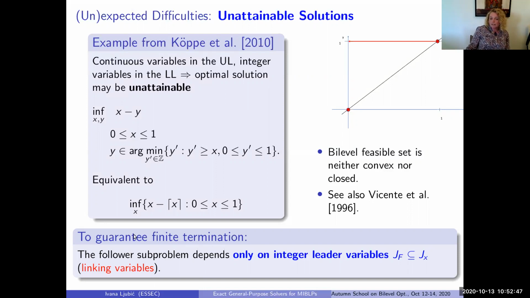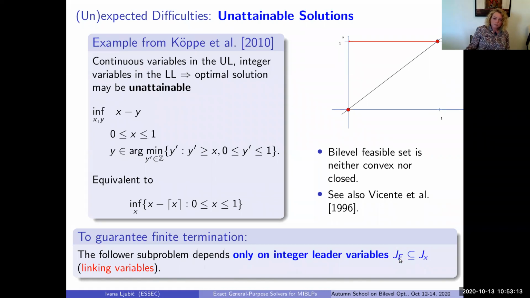So to guarantee the finite termination, a lot of algorithms, and in particular in my presentation, I will also assume that only the integer variables, only the discrete variables from the leaders are the ones that define the value function. And I will denote them as JF, being a subset of the discrete variables from the leader.